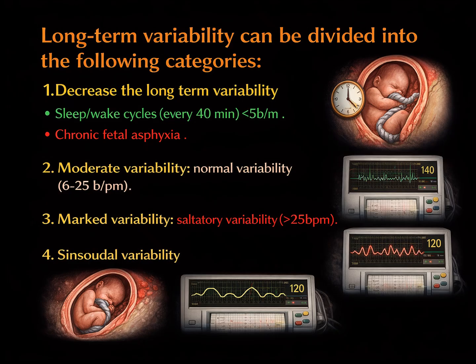Variability also could be moderate variability, which is normal variability of 6 to 25 beats per minute, or could be marked variability, which is saltatory variability, and we divide it into physiological and pathological. It can also be a sinusoidal fetal heart rate pattern, which can also be physiological and pathological.